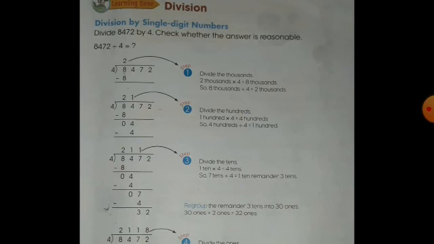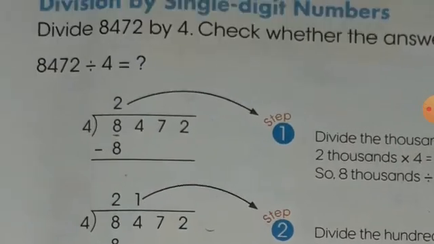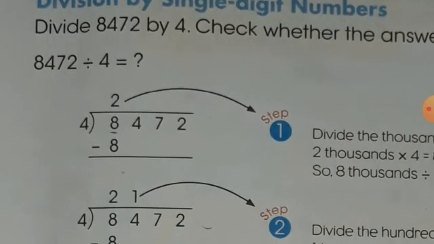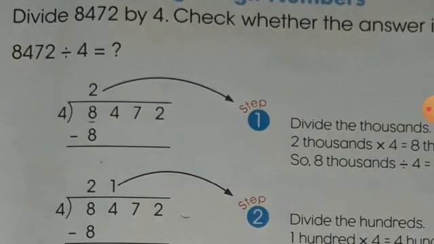First, we will learn how to divide numbers by single digit numbers. Here, this is the method to write the number, and then we will start dividing from the thousands place.